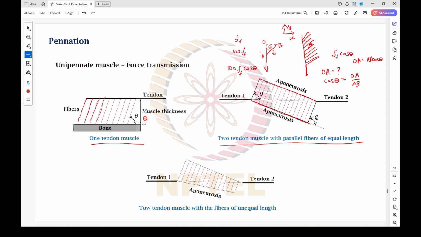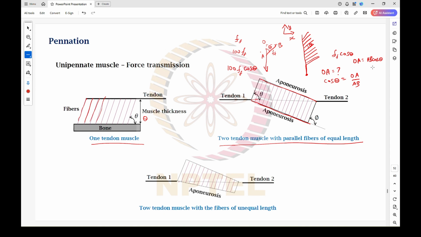Depending upon what the pennation angle is, the force transmitted will be different. So if you consider theta as the pennation angle, then the force finally transmitted will be the force generated by the muscle fibers times cos theta. The theta can be 0 in case of parallel muscles, and therefore the force transmitted will be equal to the force generated.